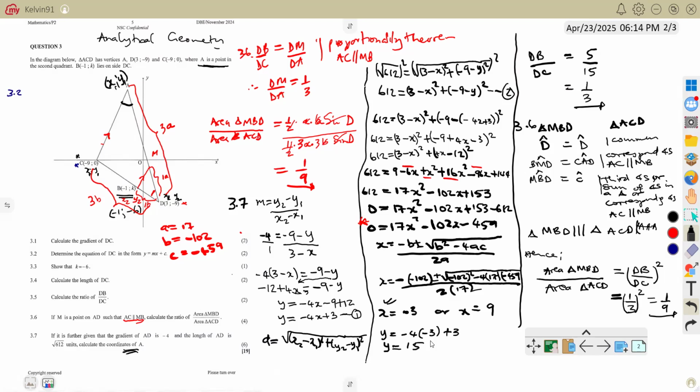Therefore, the coordinates of our A are going to be minus 3 and Y 15.